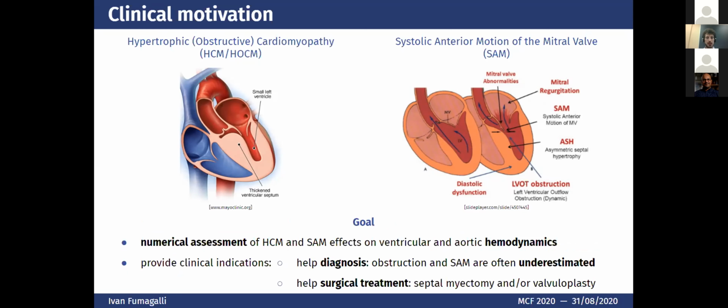So the goal that we set for ourselves is the numerical assessment of these pathologies and their effects on the hemodynamics inside the heart. This aims at providing clinical indication, both to help diagnosis of the patient-specific situation, and also to help the surgical treatment, in the sense of the design of the surgical procedure.